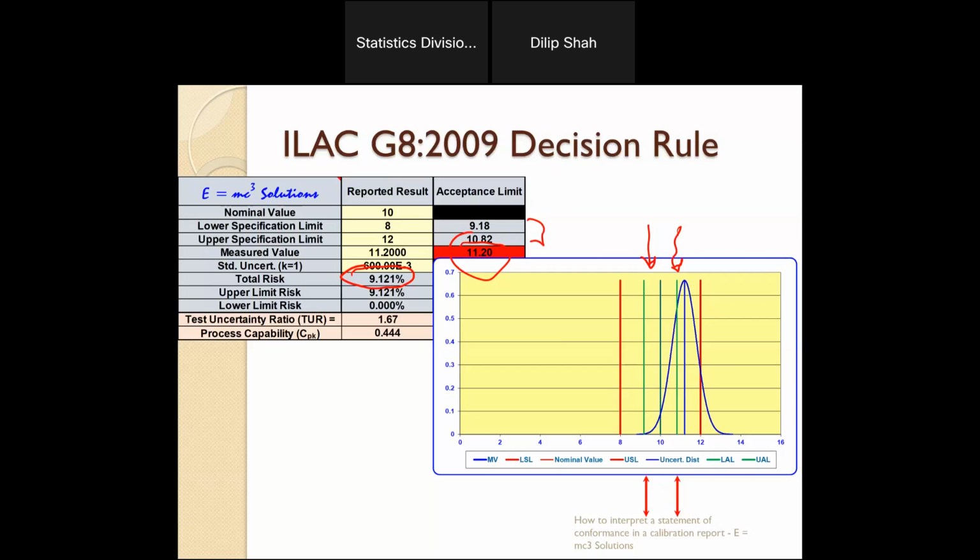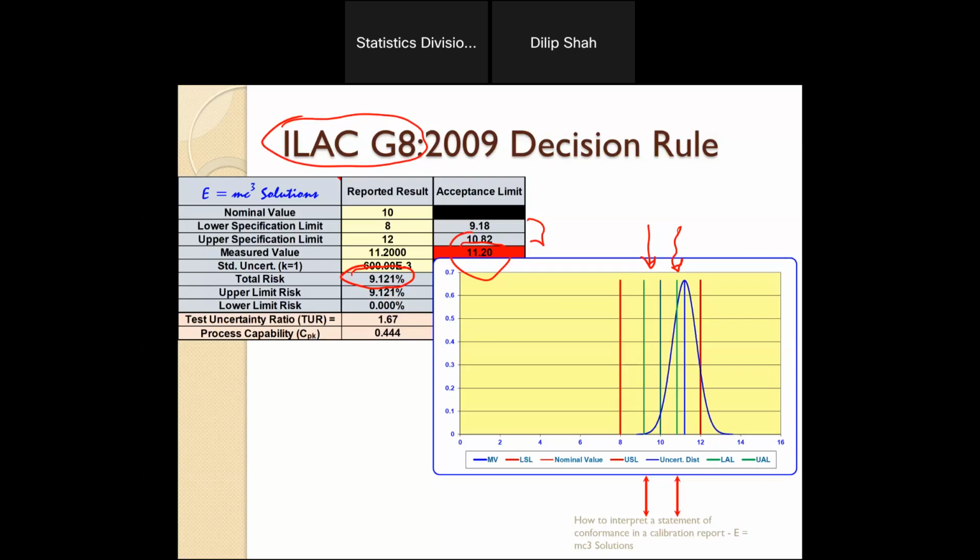Now, all these definitions, the guard band, the acceptance limits, are in that ILAC G8 document that I was talking about. The current version is the 2019 version. The previous version had this decision rule. This decision rule is very popular, so they've actually used that in the most current document.